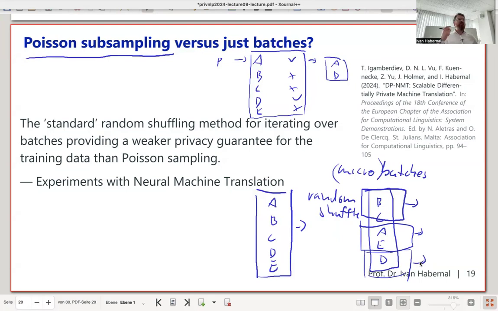So then we have these micro batches, and we do the stochastic gradient descent update of the parameters over one batch. So the data is pre-shuffled, then you cut it into batches, and for the first batch you do the gradient step, the next batch gradient step update, the next batch gradient step update.